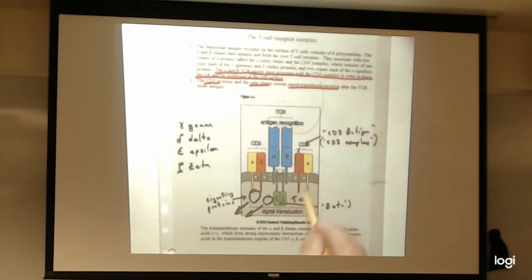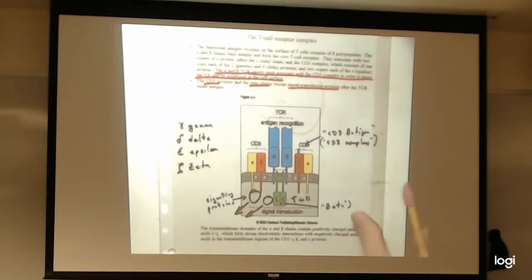Because there's some ambiguity in my own mind about whether zeta is part of the CD3 antigen, I won't ask you any question about that in the test, okay? But if I speak of the CD3 complex in a test question, I'm referring to all this stuff here, basically. The signal transducing complex, basically.